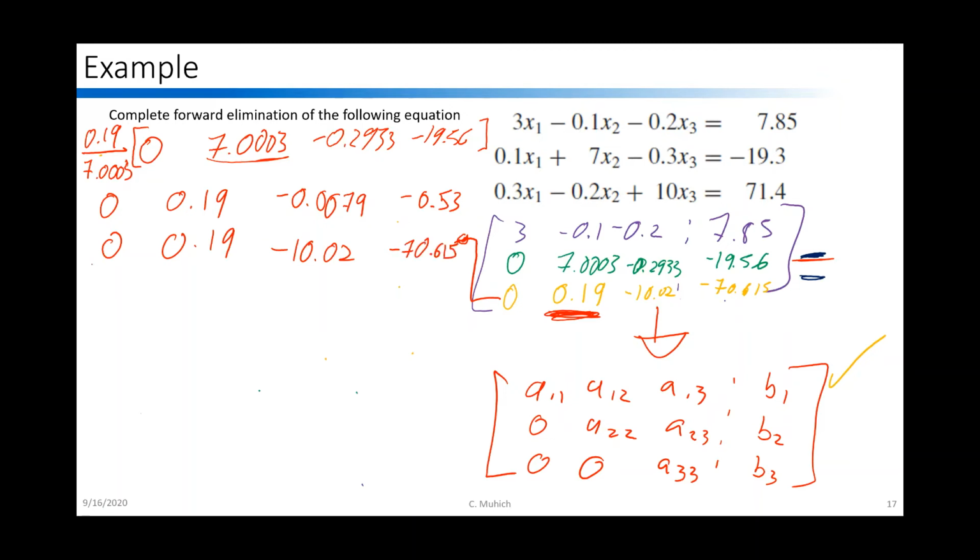And now I'm just going to multiply through by negative 1, and I can then add them together to get that new row. So that's 0, 0 minus 0, negative 0.19 minus 0.19, once again 0. Add these together, I get 10.012, and then finally for that last column, I have 70.84.